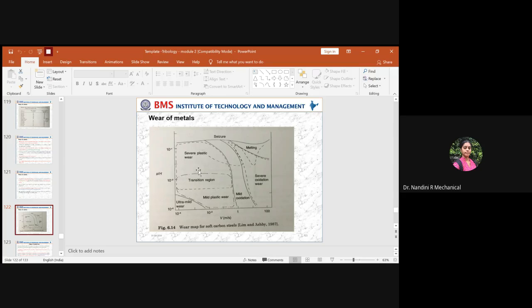Based on the wear map, one can understand which is the feasible, comfortable region within which you can apply the load, and which is the nominal sliding velocity that you can apply, so that it helps the component to run and get the required efficiency with a reduced amount of wear. Like this you can analyze all other metal components as well. So this was what we dealt with in the last class.